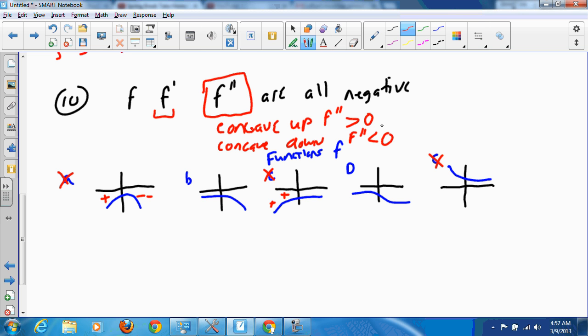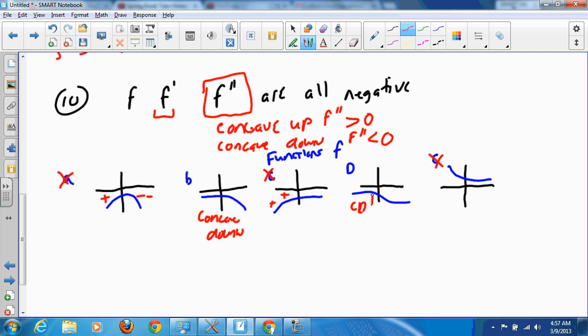So let's take a look at the functions itself. It looks like B is concave down the whole time. See how this concavity is down? And in D, it looks like the function is concave down right here. That's a D, sorry about that.